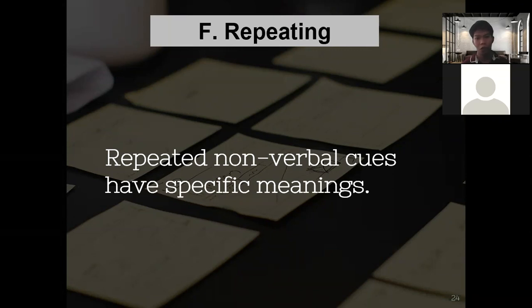For example, substituting can also be misunderstood as a form of contradicting or accenting or complementing, but we can decipher the function when we understand the whole context of the communication.